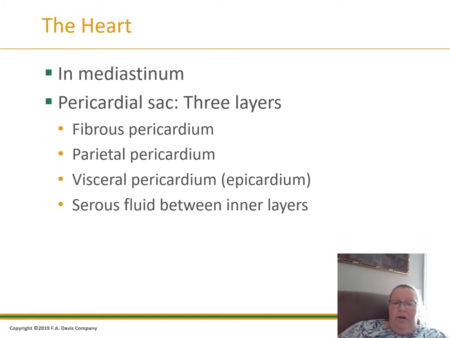So the heart is in the mediastinum, in the middle of our chest, right? It has a pericardial sac, which is 3 layers: the fibrous pericardium, the parietal pericardium, and the visceral pericardium, which is the epicardium. The epicardium is important because it helps keep it lubricated, so there isn't a lot of tension around the heart.